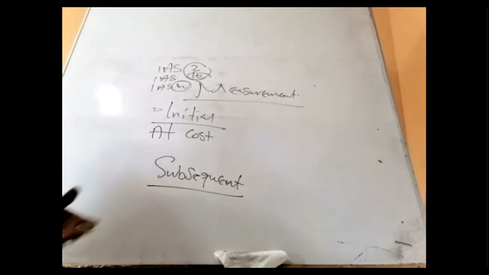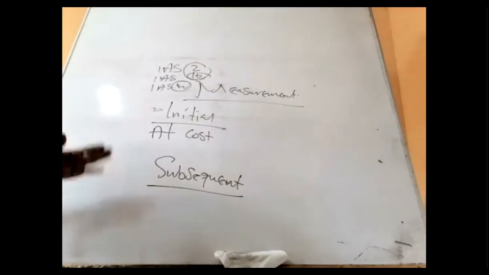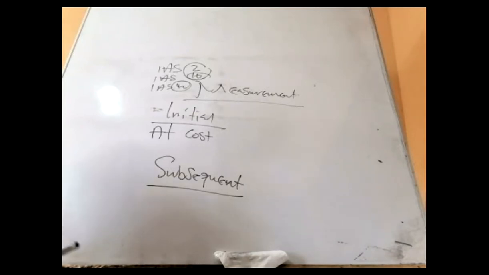Good. So the cost is basically the same as the cost under IAS 16, which includes the purchase cost, any recoverable purchase taxes, and then development cost. Sometimes you need to develop the property before you can rent it out. All those should be part of it.